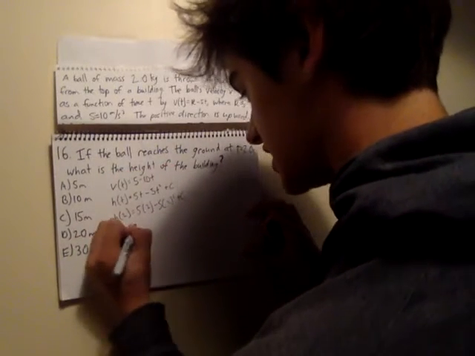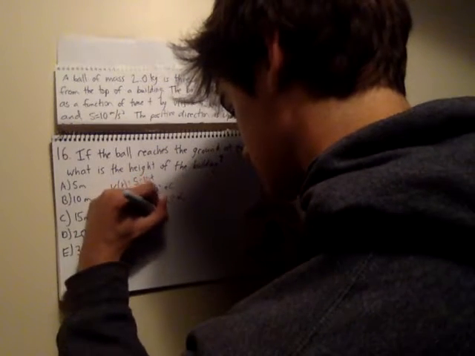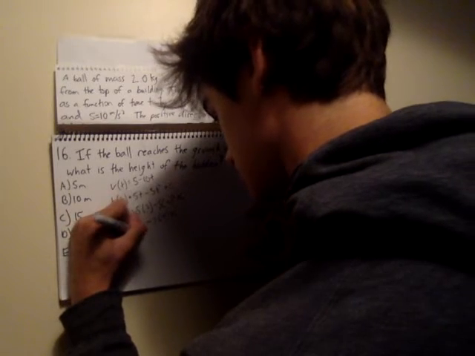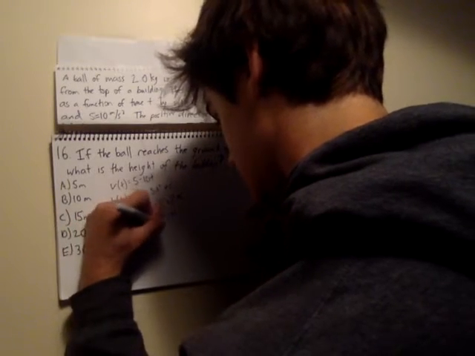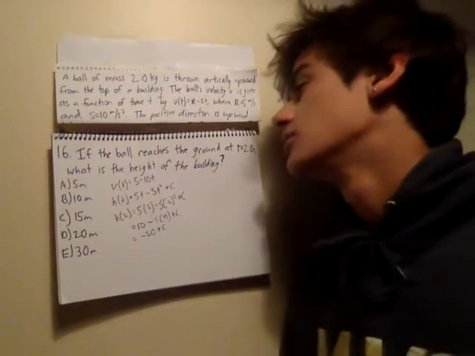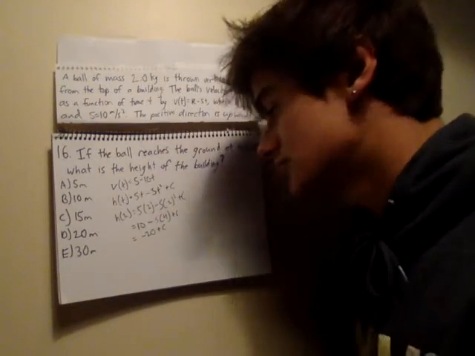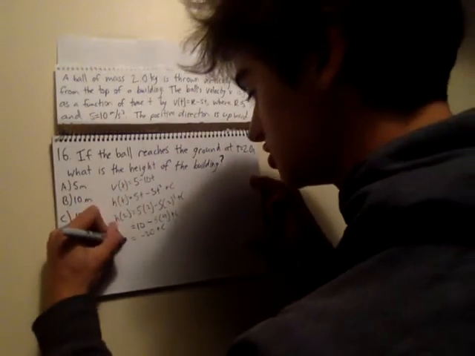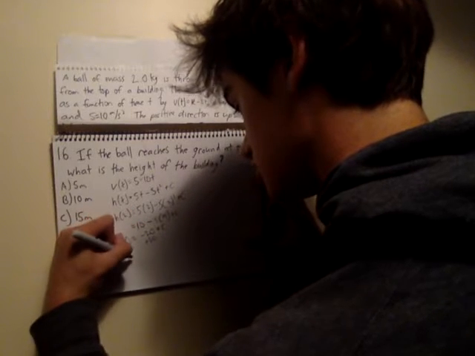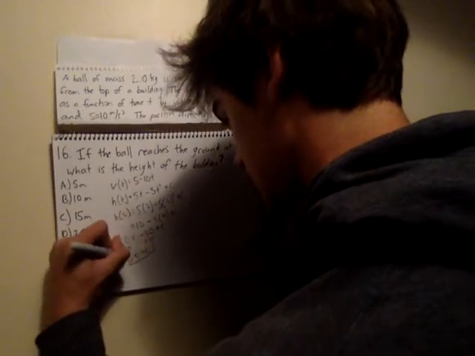When we multiply this out, we get 10 minus 5 times 4 plus c, which is equal to negative 20 plus c. But the ball should reach the ground, so the height should be 0. So let's set this equal to 0 and solve for c. 20 equals c.